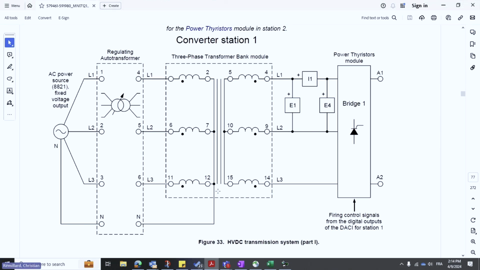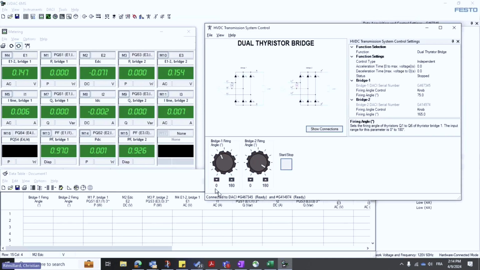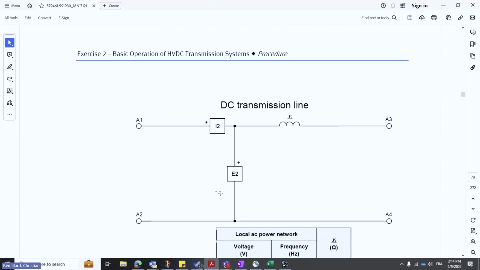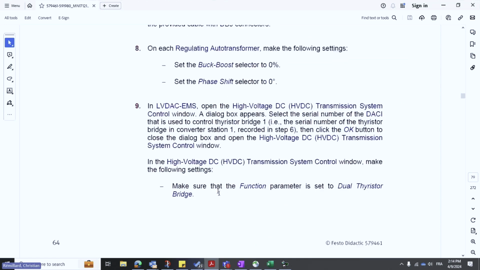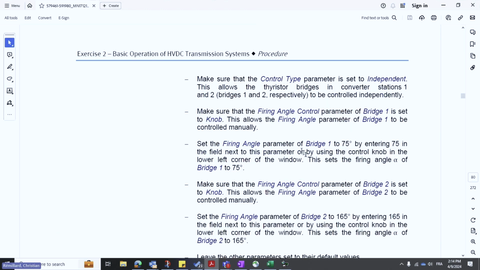Okay, so now if we go to the manual. Oops, sorry. So this is our software here. If we go to the rest of the exercise here, they ask us to now configure LVDAC-EMS with the function dual thyristor bridge and with certain parameters to start with.